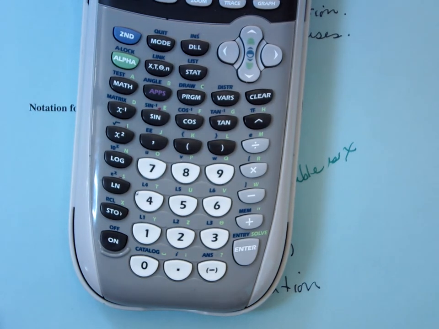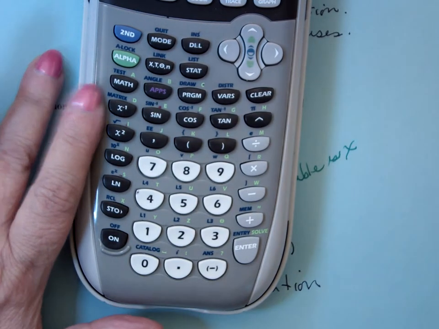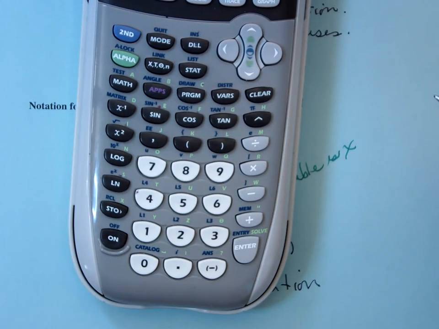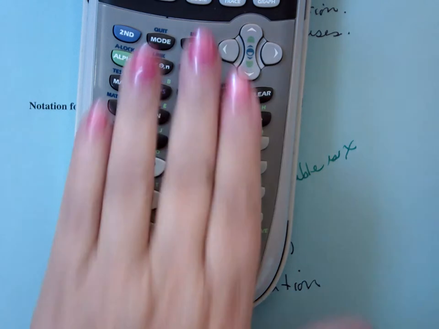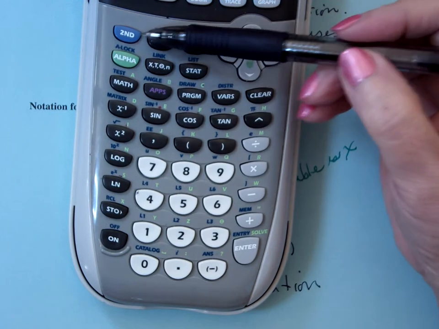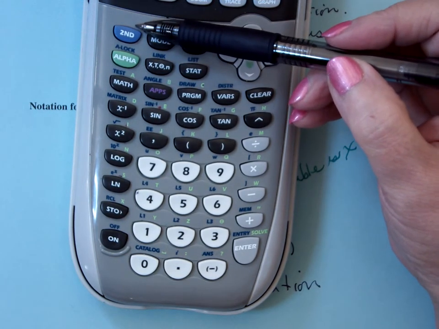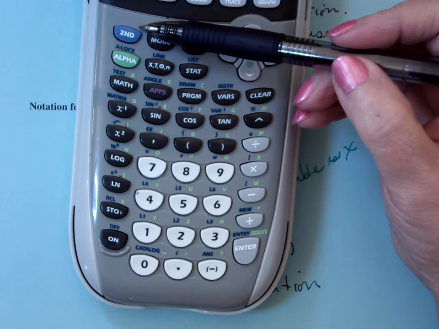And you say, well, x to the minus 1? You notice what's above that key is the word matrix. So it's not an inverse that's above it. When these scientific calculators first came out, they did not have a second key. They had an INV key. And guess what INV stood for? Inverse.